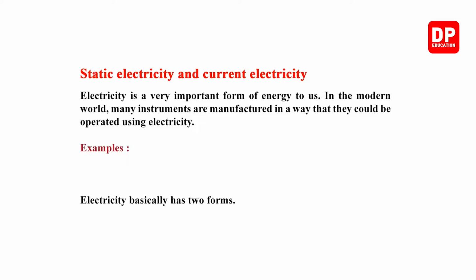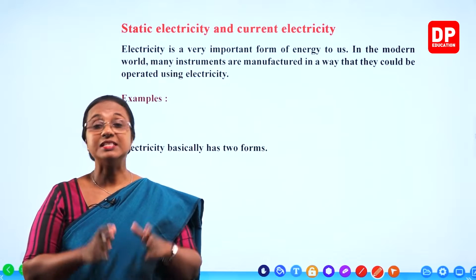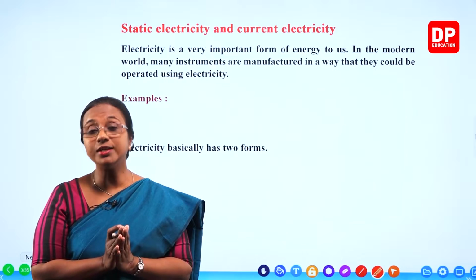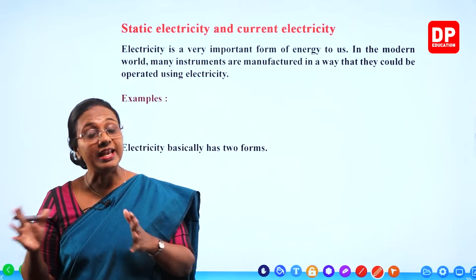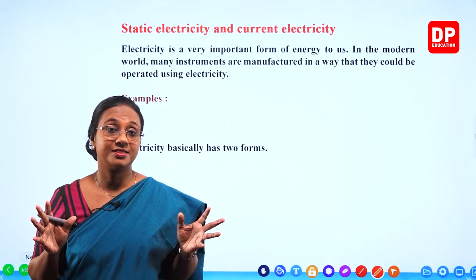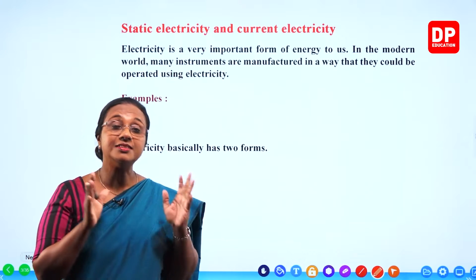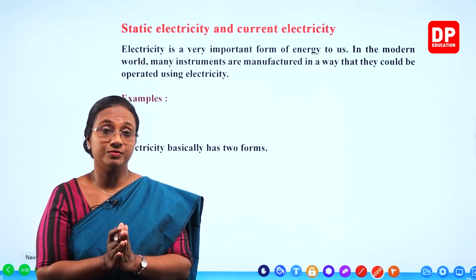Static electricity and current electricity. So as I told you all, the meaning of the word static. Usually static means stationary, something that is not moving. So electricity is related to charges. So here, charges that do not move.